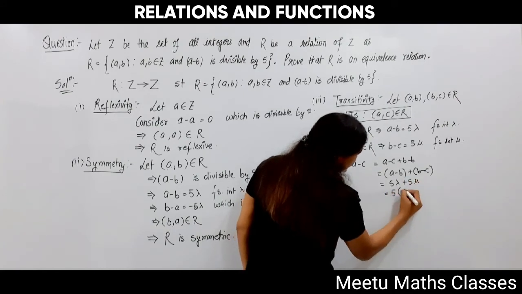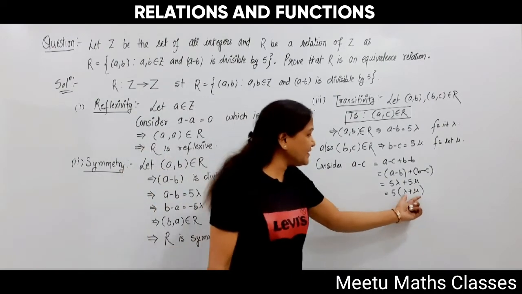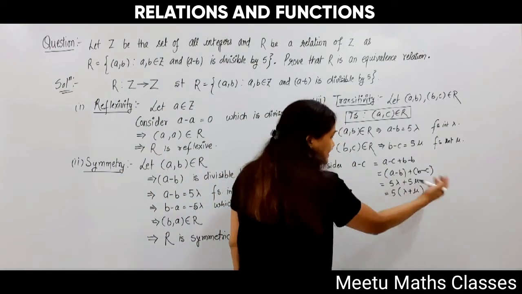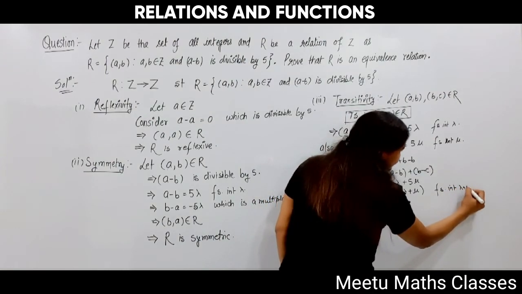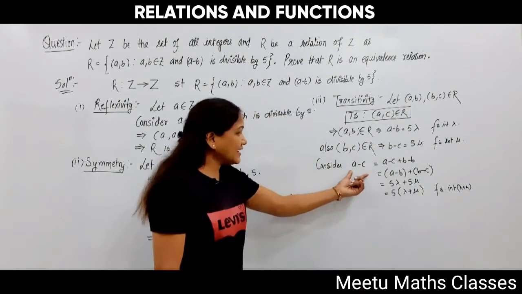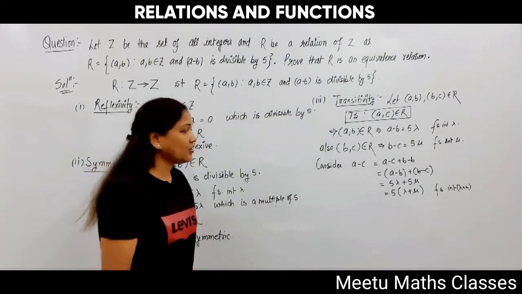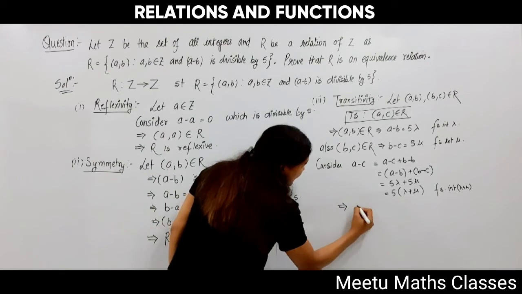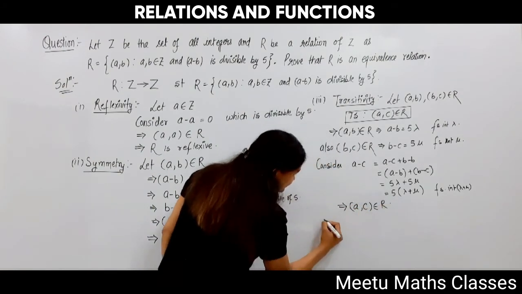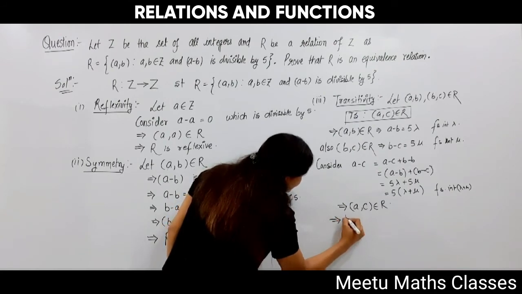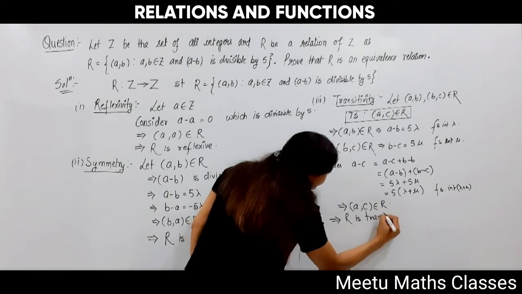If lambda and mu are integers, then lambda plus mu is also an integer. That implies a minus c is also a multiple of 5. So a is also related to c, and that must imply that R is transitive.